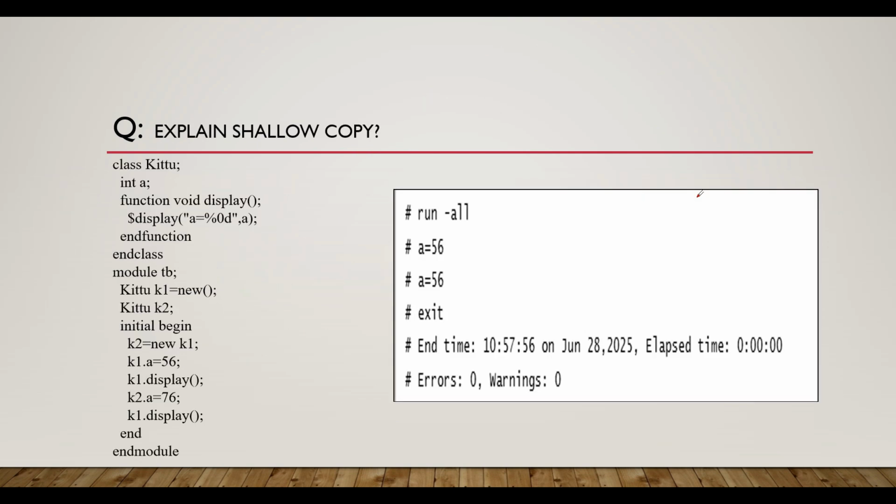Now explain shallow copy. What happens in shallow copy? Let me give you the normal example of object assignment. Suppose you have one class named kit2 and you are creating two handles of it, k1 and k2, and you have written something like this: k1 is equal to new, and then you assign k2 is equal to k1.